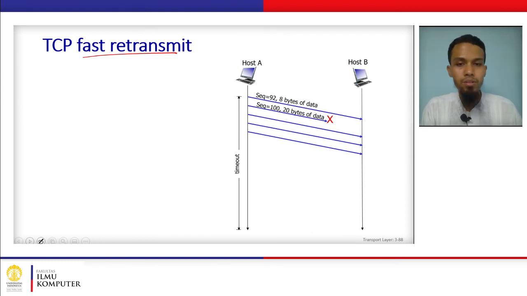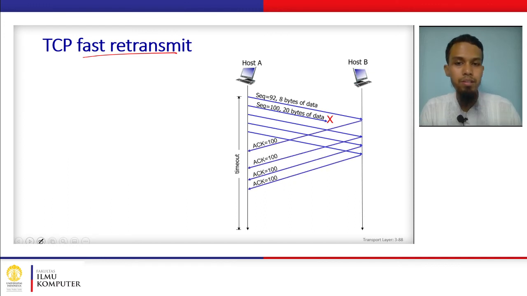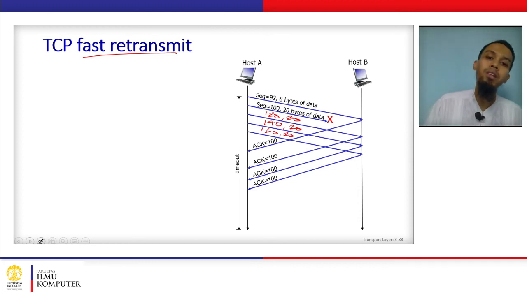For example, 92 with 8 bytes of data, 100 with 20 bytes, then 120 with 20 bytes of data, 140 with 20, and 160 with 20 bytes long.